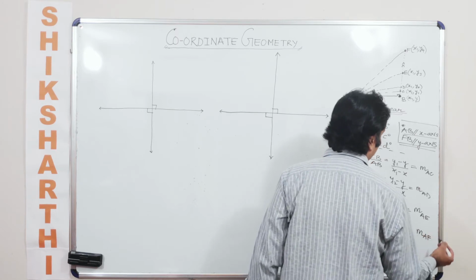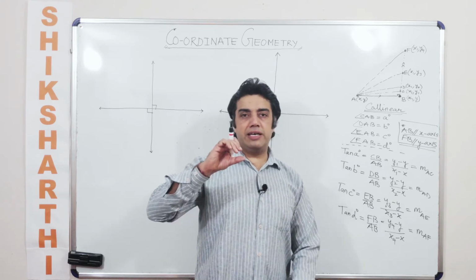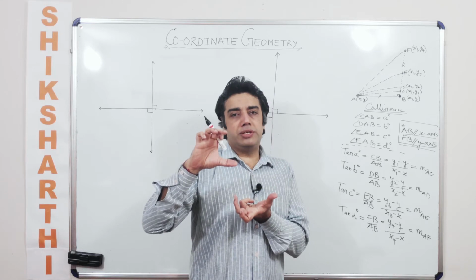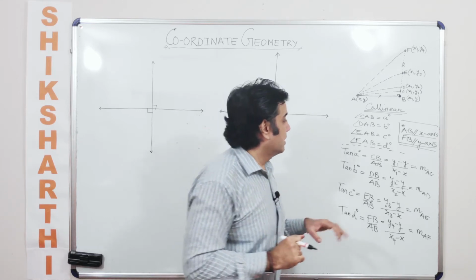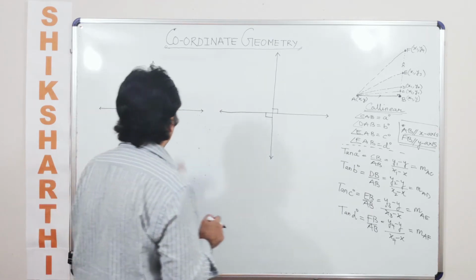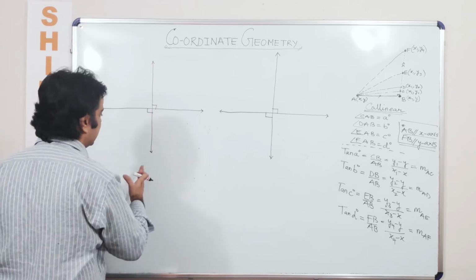So I hope by now you would have understood slope comes into picture only when the y component changes along with the change in the x component. That is how slope is ascertained. Now once you are able to ascertain this, the next point which arises here is, what is the slope for the x-axis and what is the slope for the y-axis?